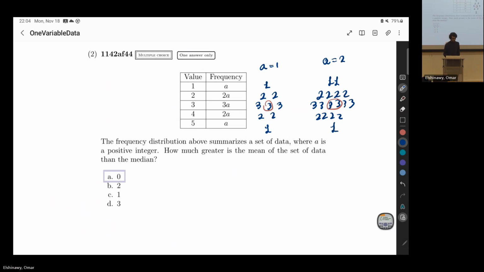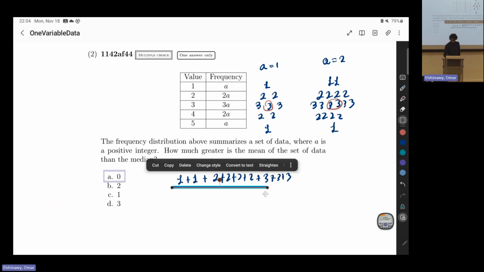I have 9 values. The problem is that if you write 9a over 5, it's incorrect. You need to consider all the values. So you write 1 plus 1 plus 2 plus 2 plus 2 plus 2 plus 3 plus 3 plus 3, and then you divide by 9.